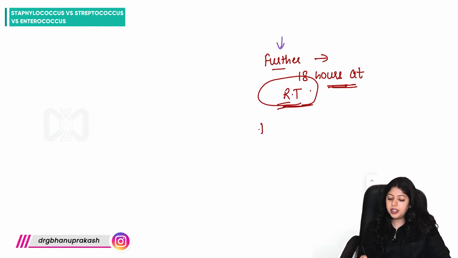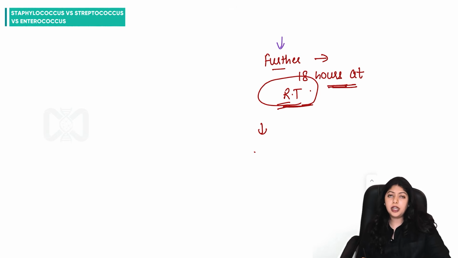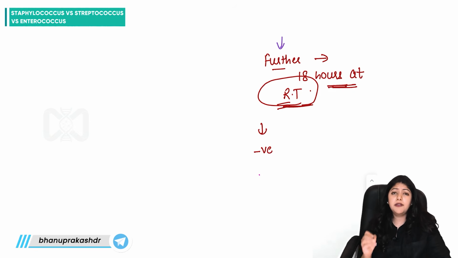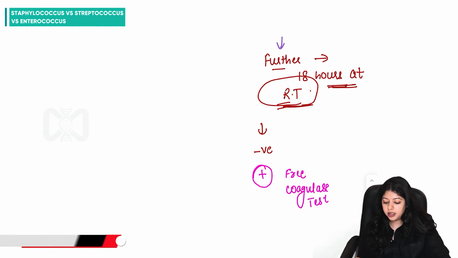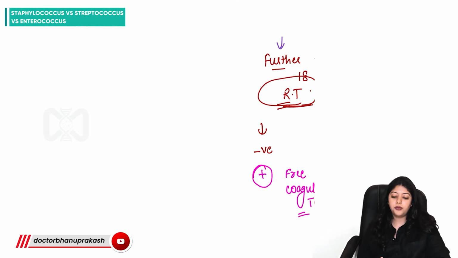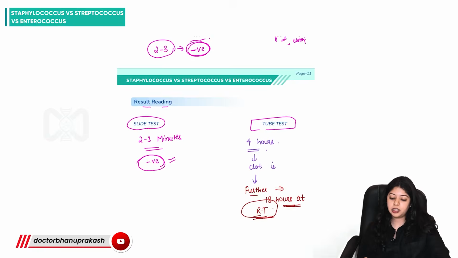We will be reading the result the next day. After 18 hours, if no visible clot is formed, then we consider it a negative test, whereas if even the slightest clot is formed, we are going to give it a positive free coagulase test. And this is how we are going to interpret the results.